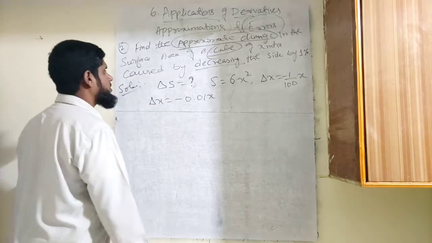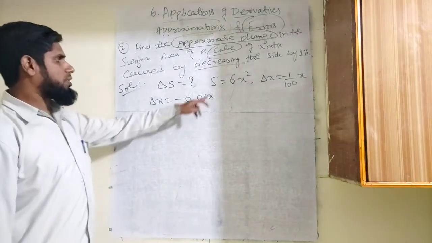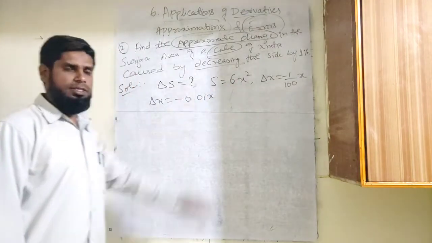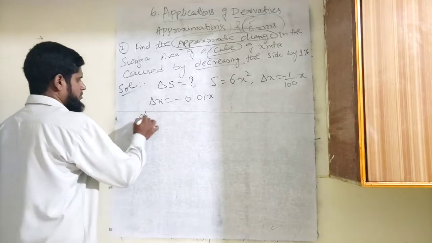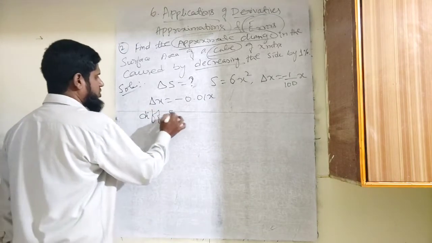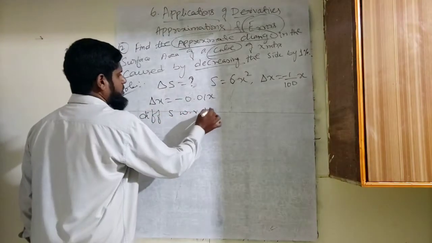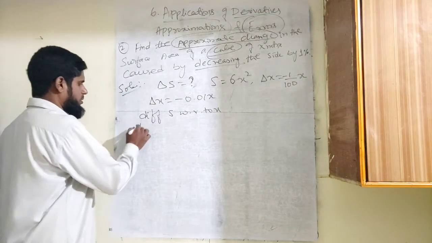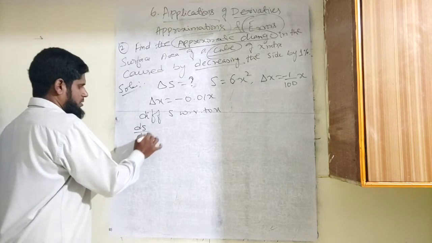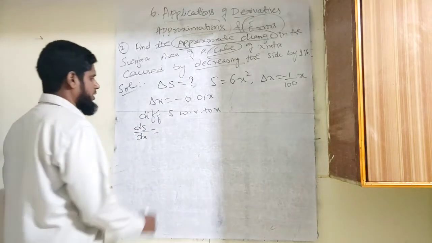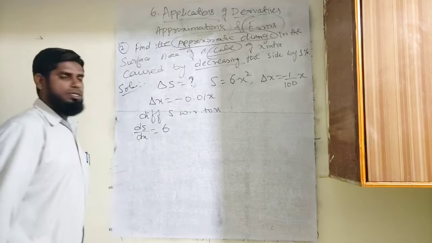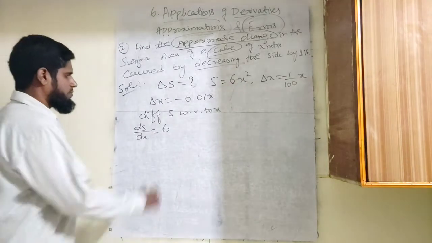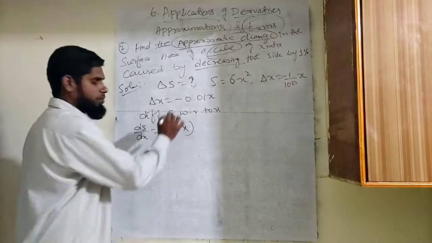The next is, let us go to the derivative of this surface area with respect to x. Differentiate S with respect to x. What do we get? dS by dx is equals to 6 is the coefficient as it is. Derivative of x square is 2x.